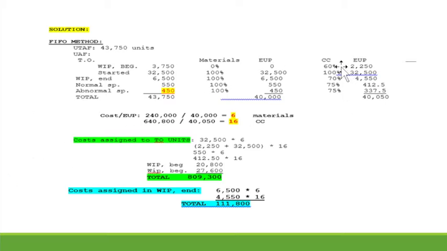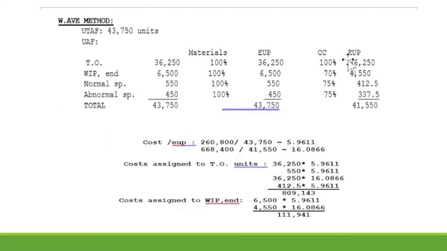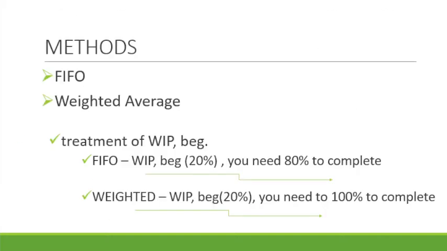Kung kanina, dito sa may FIFO method, 60% yung conversion cost para doon sa WIP beginning kasi nga tinutuloy mo siya. 'Di ba? 40% siya, tapos tinutuloy mo kaya naging 60% ang conversion cost. Dito 100% siya. Kasi nga babalikan natin itong paulit-ulit kong sinasabi, kapag weighted average method, ibinabalik mo siya sa 0% level and then you need 100% to complete, as to materials and as to conversion cost.